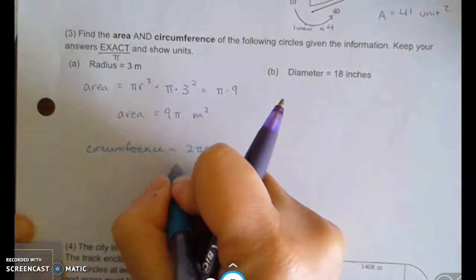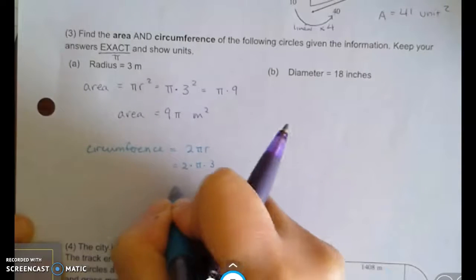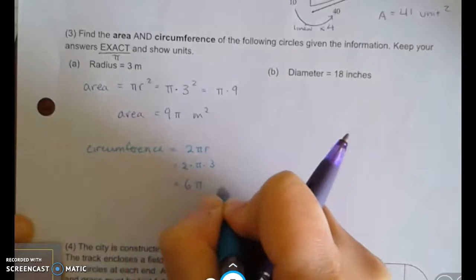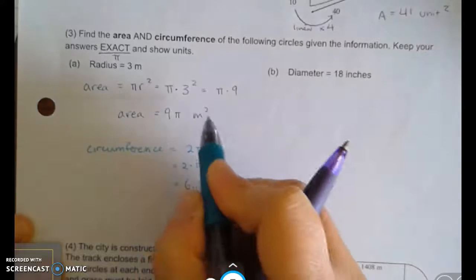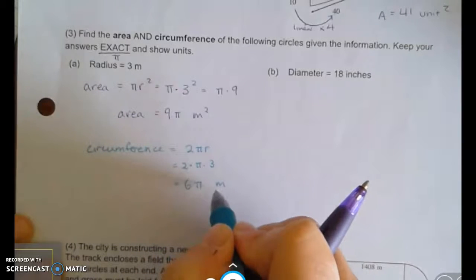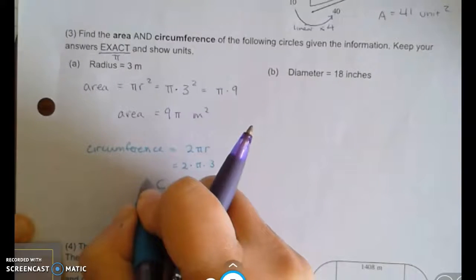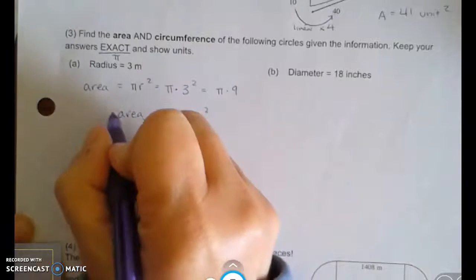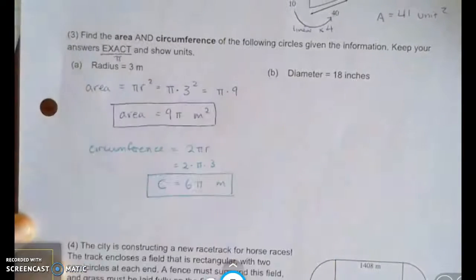So that's 2 times pi times 3. 2 times 3 is 6, so that's 6 pi, and the unit is meters. Remember, circumference is a length, whilst area is a space. So area is in meters squared, whereas circumference is just length. Circumference is 6 pi meters. Area is 9 pi meters squared.